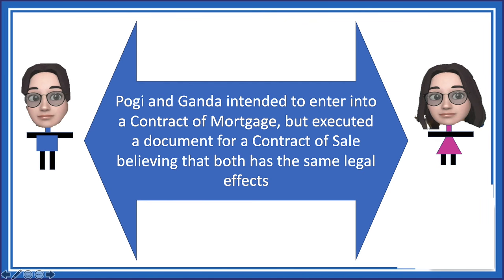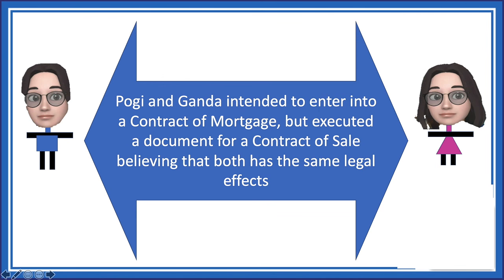So, for example, if si Pogi and si Ganda nag-enter sila into an agreement, a contract, gusto nila mag-enter into a contract of mortgage. Pero silang dalawa, they executed a written document and that document is one for sale.